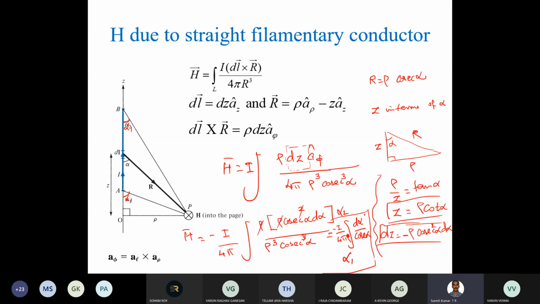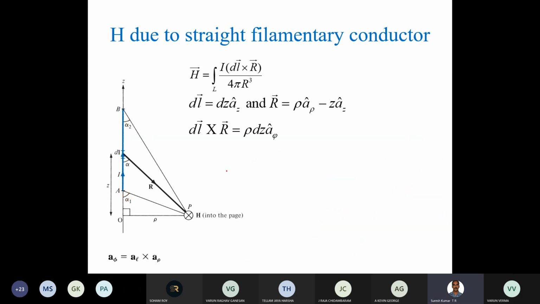Let me continue with the first page. I'm writing it again. So H vector is minus I over 4 pi rho, integral of 1 over cosecant, which you can write as sine alpha into d alpha, with limits from alpha 1 to alpha 2. So the integral of sine theta is minus cos theta. Always there is a confusion.